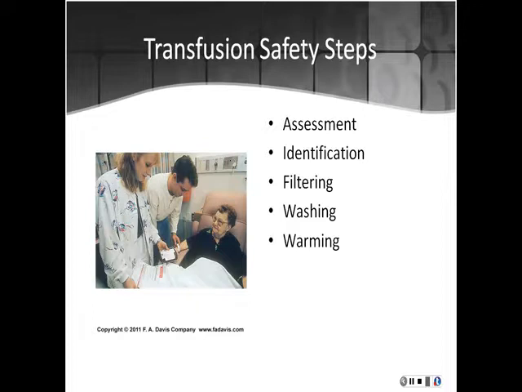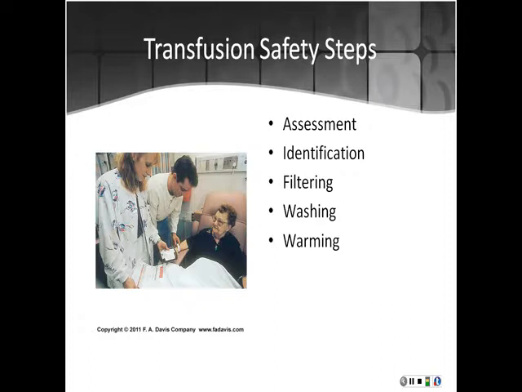So there are absolutely, positively no shortcuts ever, because we can certainly kill somebody if we don't do the right things. And with identification, it starts with the lab, where the lab is doing multiple checks, where 2 people will check it twice in the lab to make sure that you have the right blood, and then when you get to the bedside, you're going to be checking it again with 2 nurses, whether those are registered nurses or licensed vocational nurses.